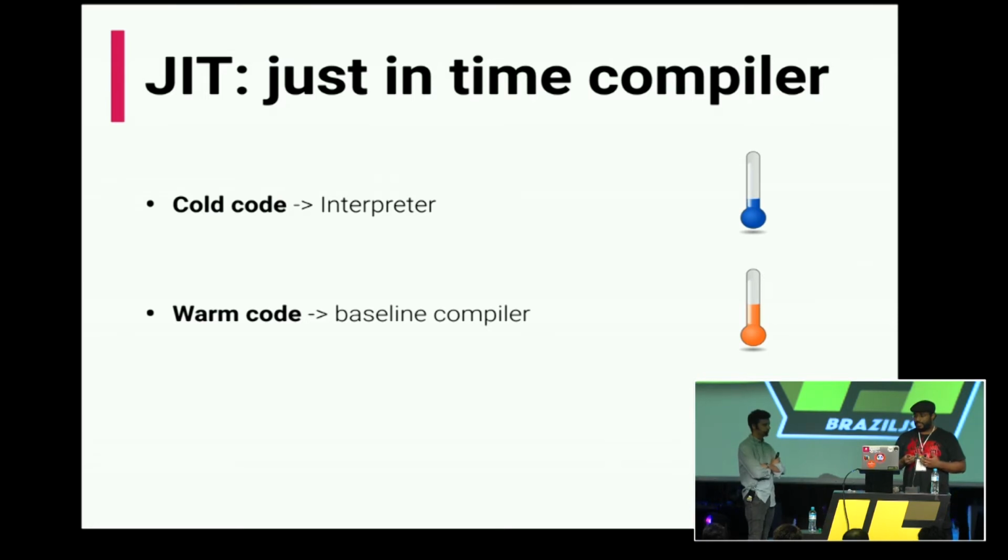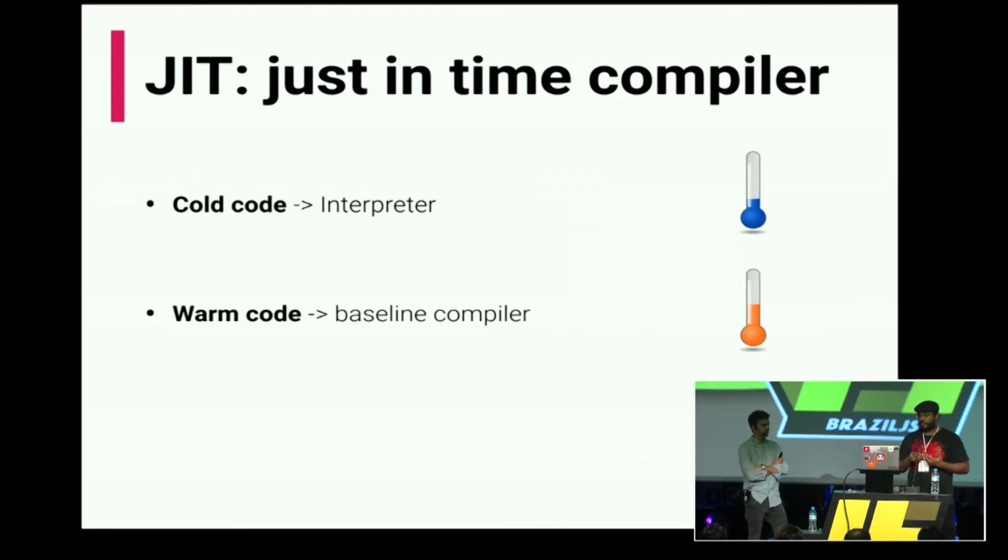When this piece of code is warm, the profiler sends it to the baseline compiler, which creates a stub for this piece of code and keeps track of the line and the types that it calls. And so when this code is called with these types, the just-in-time compiler only needs to use that compiled piece of code again.